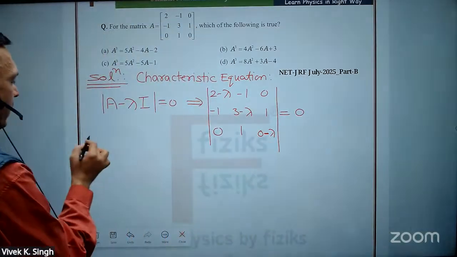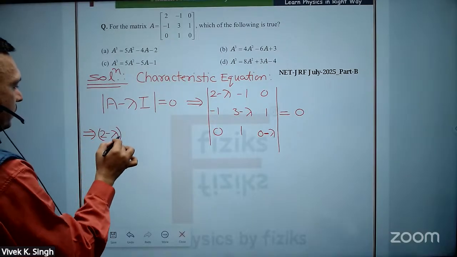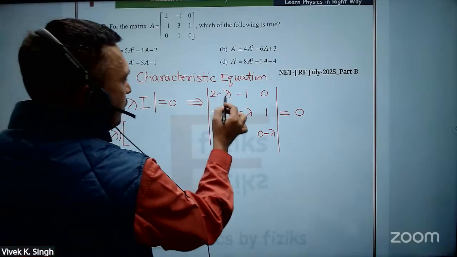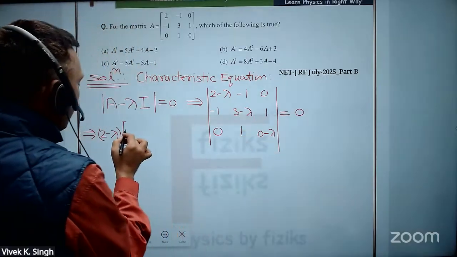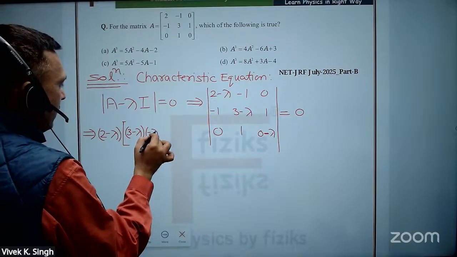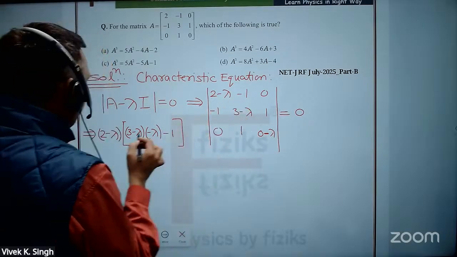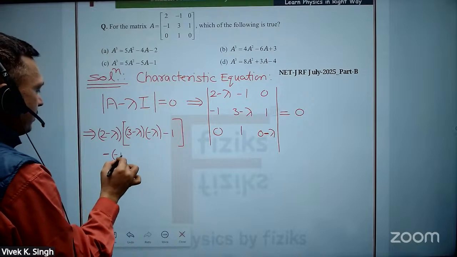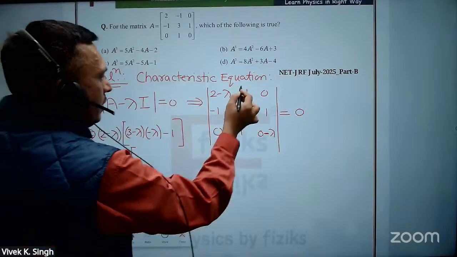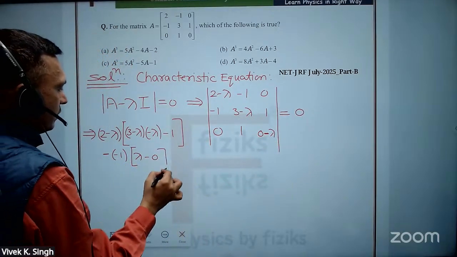So if you expand this, now see, 2 minus lambda, you have to cross multiply. So this is 3 minus lambda into minus lambda, and then minus 1. This will be the first term. Then with minus sign, you have minus 1, so what you will get? This is lambda minus 0.